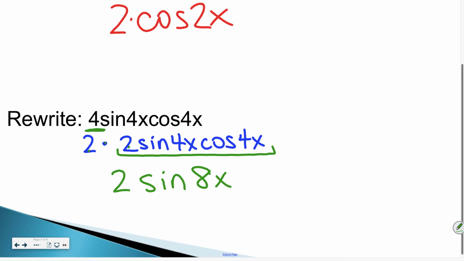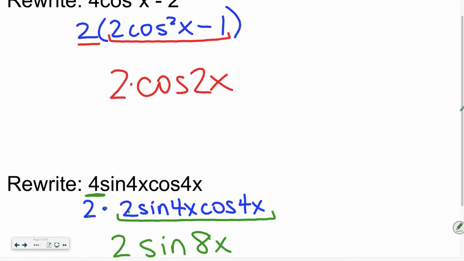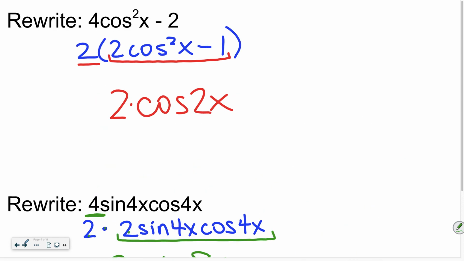Why are we on this one? We went from x to double x. And then over here, when we applied this formula, we had double x. So when we went to the right side, we just went to x. Do you see what I'm saying with that?